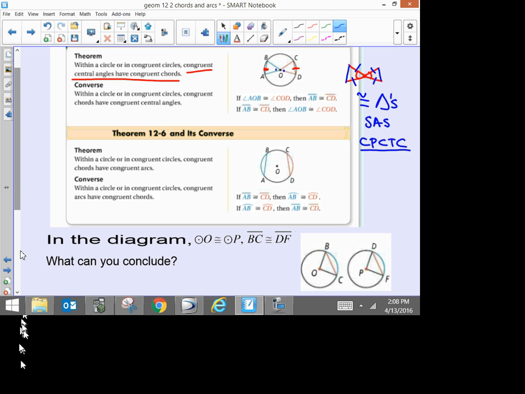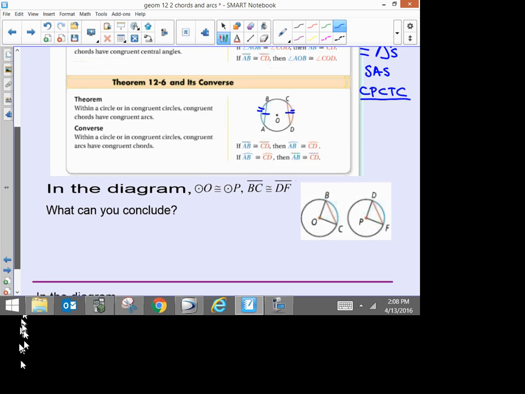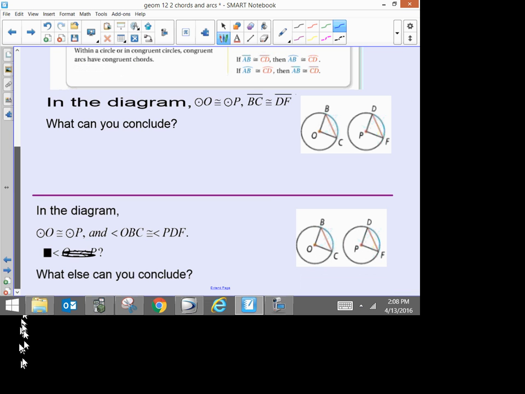So chords make congruent arcs. Basically, if you've got something congruent, that is going to give you something else congruent. And vice versa with that one. Those are kind of hard to see. I'm not sure what happened to that, but anyway.